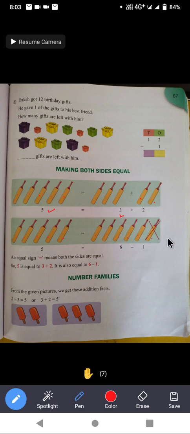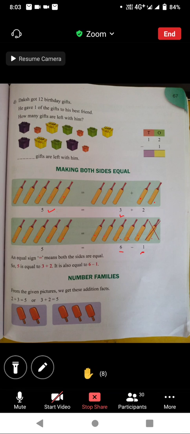From the bigger number we will cross out 1, because only 5 bats are on the left hand side, so it should be 5 bats on the right hand side also. 1 2 3 4 5, and the rest we will cross out. There is 1 extra, so we will cross out the extra 1. It means from 6 we will subtract 1 to make both the sides equal.